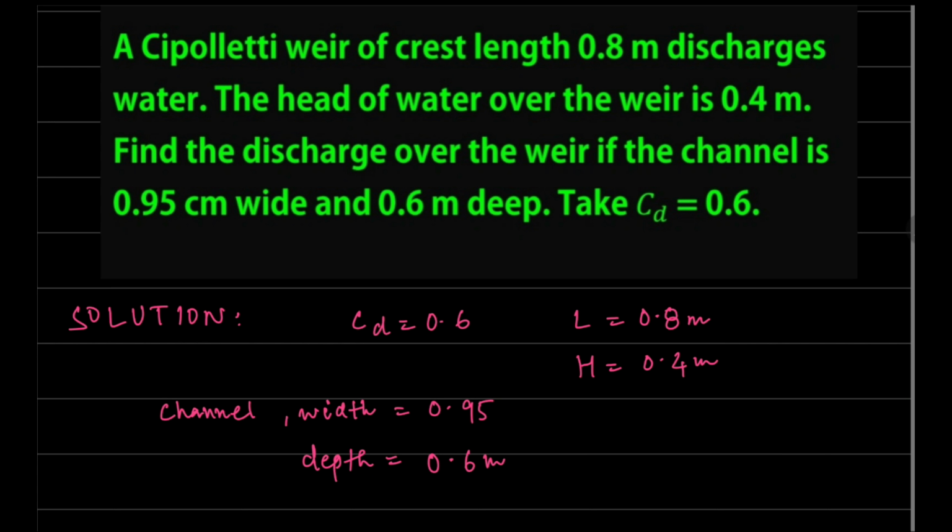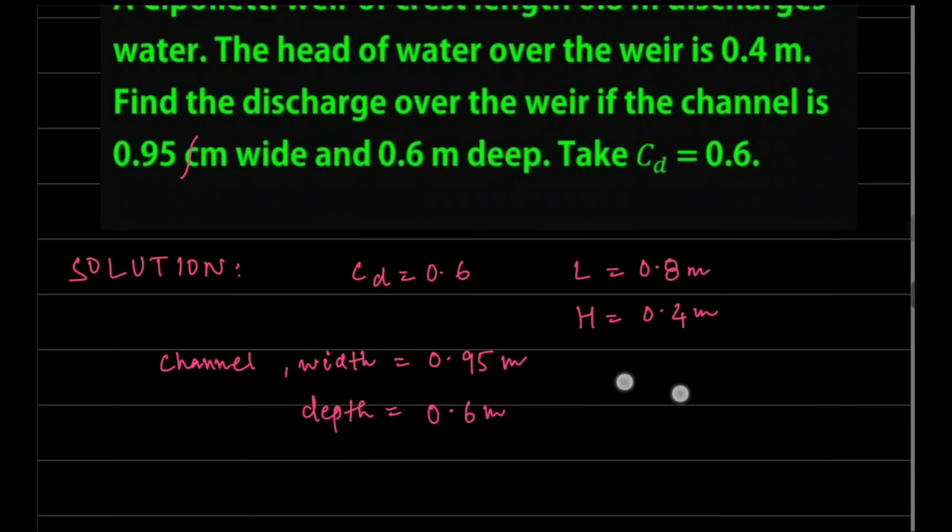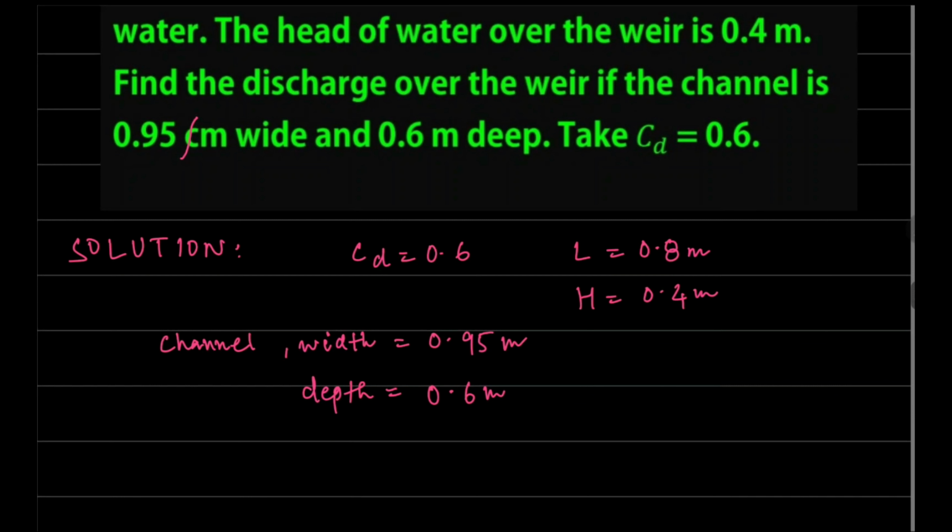Please excuse me, this is not 0.95 centimeter, this is 0.95 meter. Now, if we solve this problem, the area of cross section of the channel, that is A, can be written as 0.95 multiplied by 0.6. So that comes out to be 0.57 meter square.